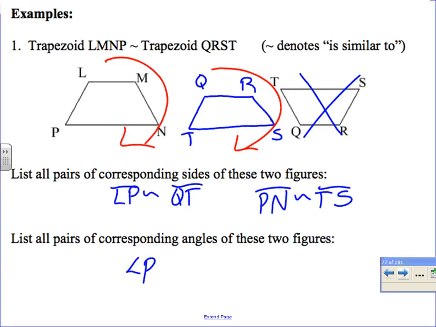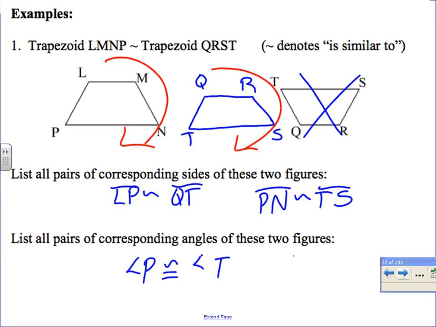Okay, so in similar figures, the angles are always what? In similar figures, the angles are always congruent. So angle P, Doug, is congruent to angle... Okay, what's the angle? I didn't remember. Good. Okay. What's another set of angles that's corresponding, but since they're similar, they're congruent?